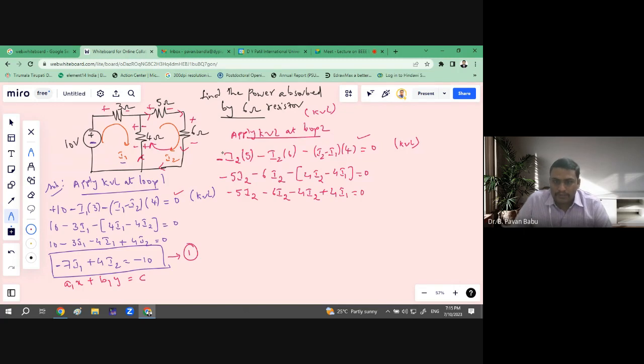Further, it becomes minus 4 minus 6 minus 10 minus 15. So it will become 4I1 minus 15 I2 equal to 0.